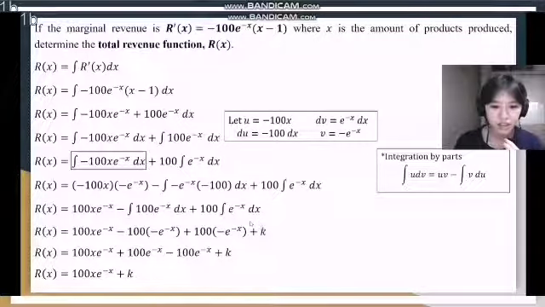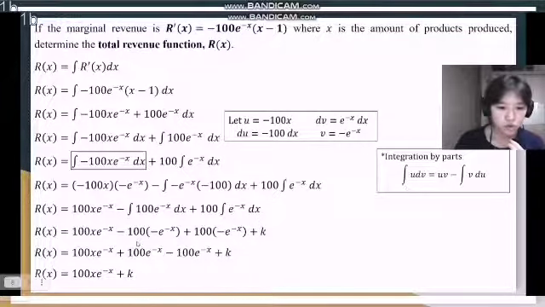We will figure out later what the value of k is. Negative, positive, and then positive, negative, we get negative, and these two cancel, and then we get 100x e raised to the negative x plus k.